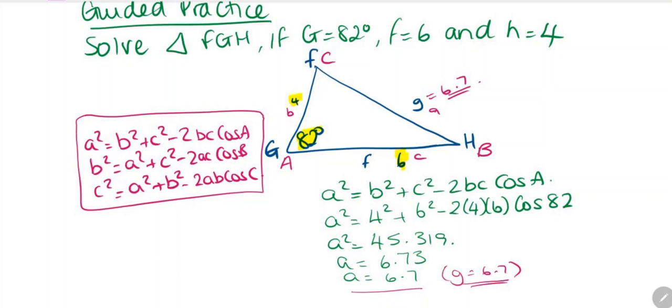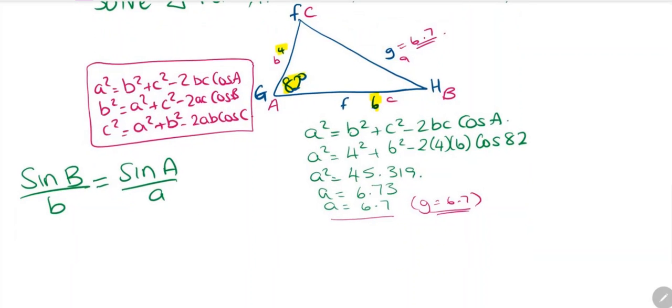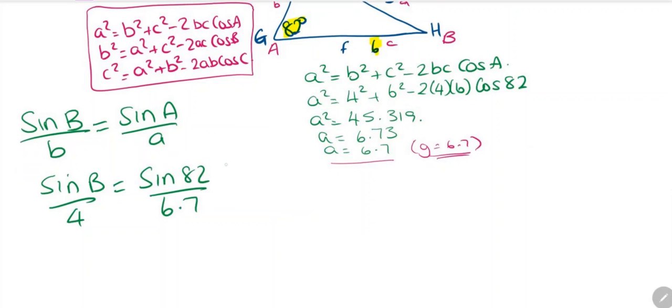And now we can go on to find the rest using the sine rule. I need to find angle B, so I'm going to use the sine rule, or the law of sines. Sine of B over b is equal to the sine of A over little a. Sine of B we don't know. Little b is 4, sine of A is 82, and little a is 6.7. I'm going to multiply both sides by 4, so they simplify.